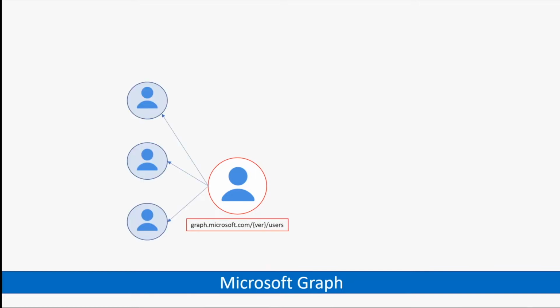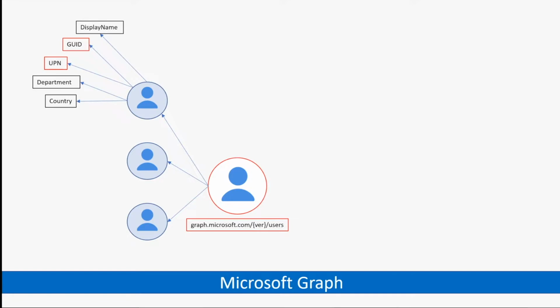When I talk about a user, at a high level, a user is an object. An object will have its entities, like test user 1, test user 2, test user 3, and each of those entities will have their own parameters to identify themselves. So there will be display name for a user, a GUID, user principal name, department, country, licenses, member of, and all those things.